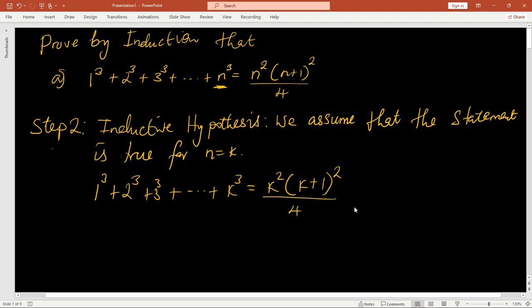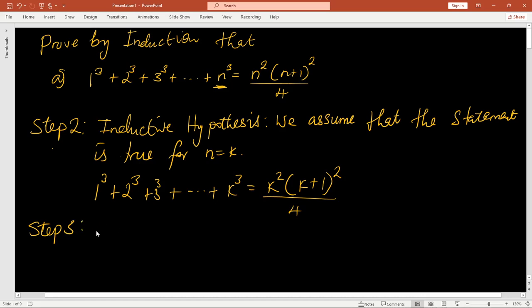So this is the only thing that we get to do under the inductive hypothesis step. Now we go to step number 3, where we have to support the inductive hypothesis. We need to show that the statement that we have is true for n equal to k plus 1. So here we're going to say step number 3.